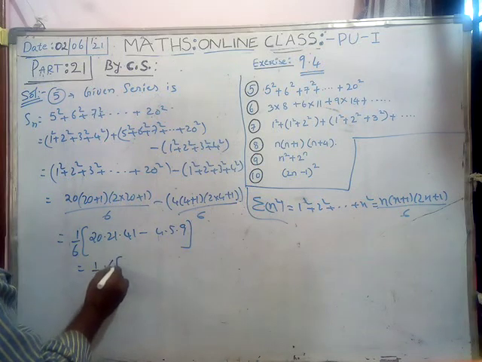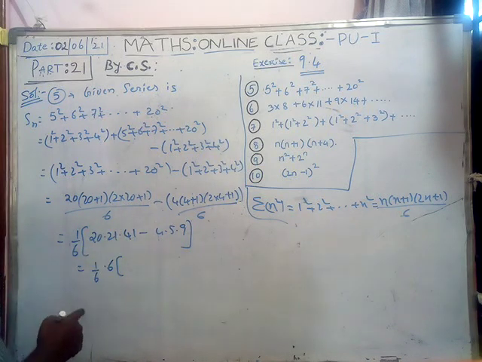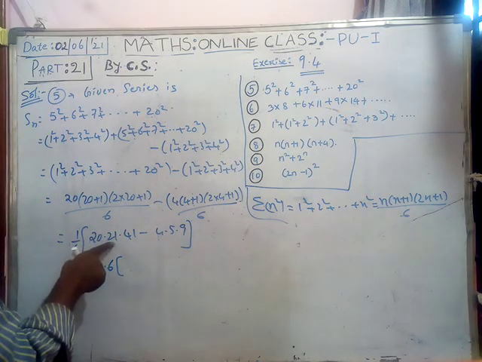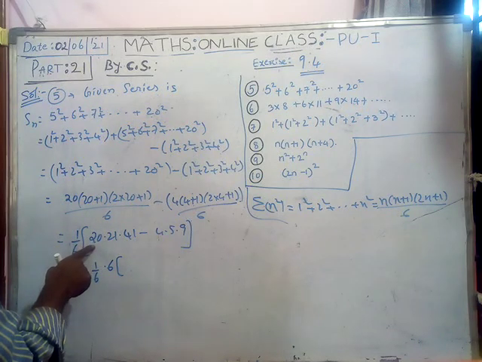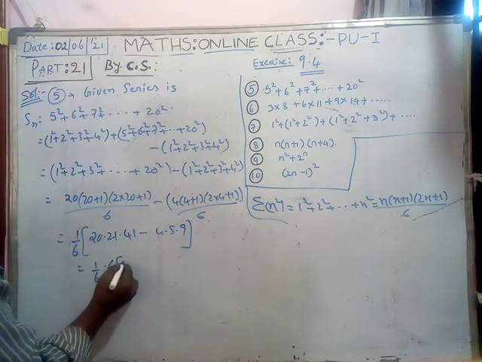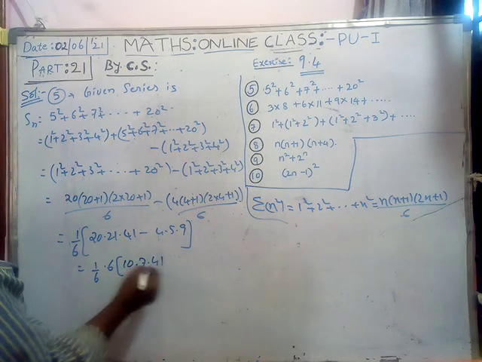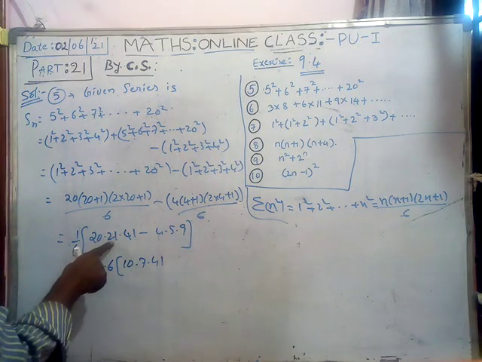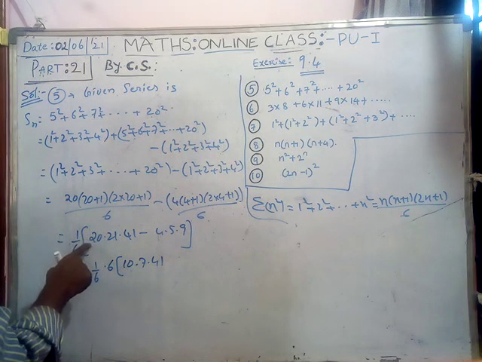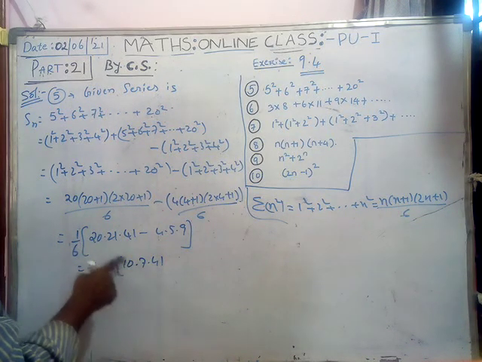I can take it out, as 6 is there in both the terms. Here 6 is there, 7 3s are 21, 2 10s are 20. So there remained 10 here, 7 here and 41. Look at it, 7 3s, 10 2s, 10 and 7 remain there.